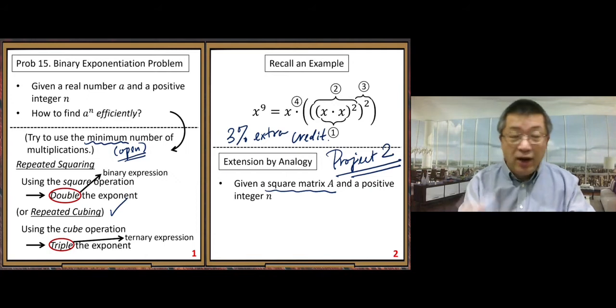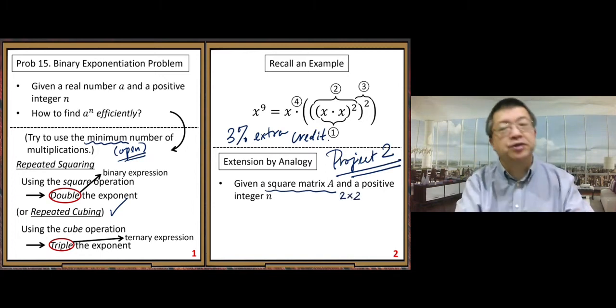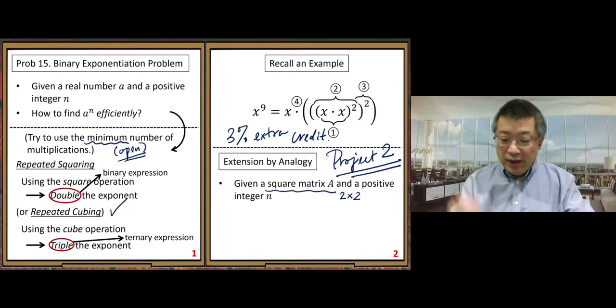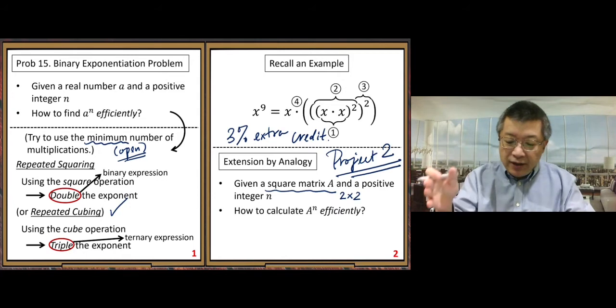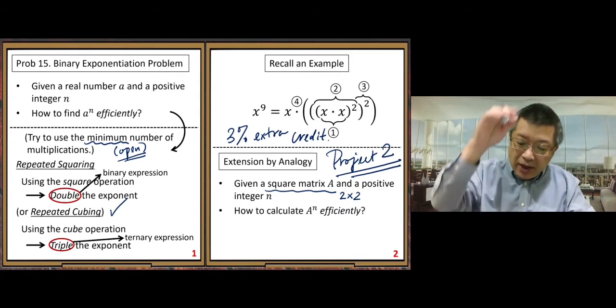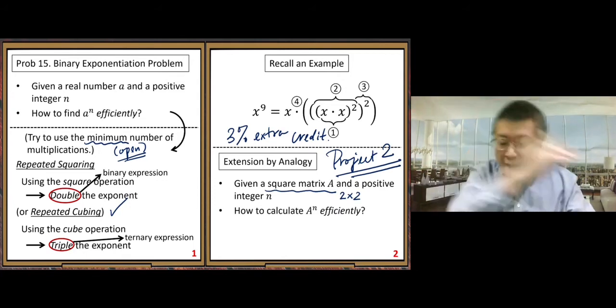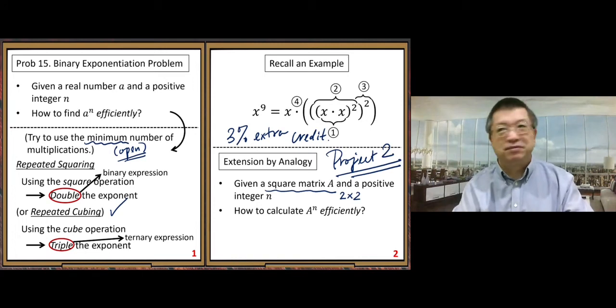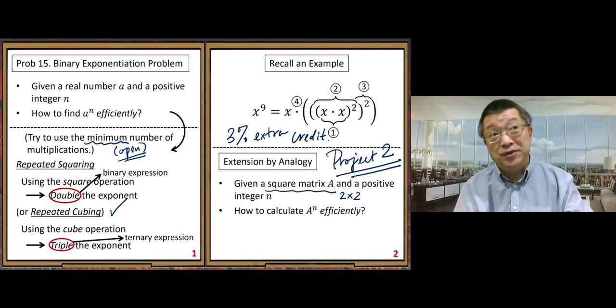More specifically, for our Fibonacci numbers, we only apply it on 2 by 2 matrices. And a positive integer n, how to calculate capital A to the nth efficiently. Pretty close, right?